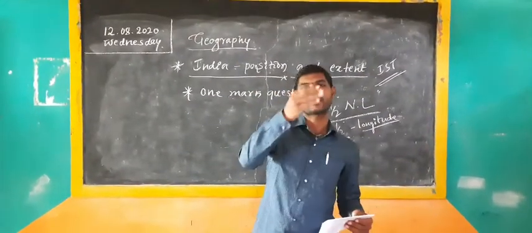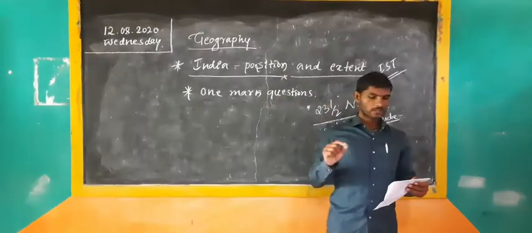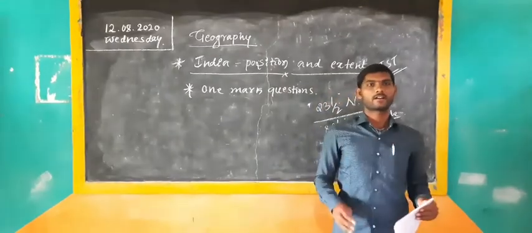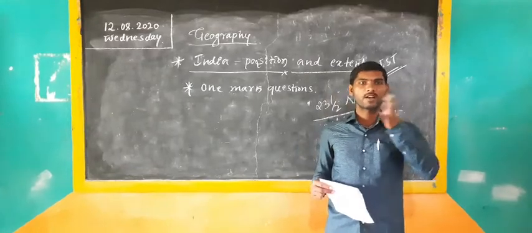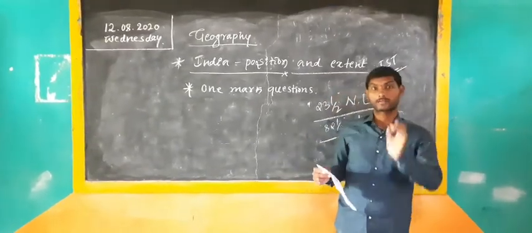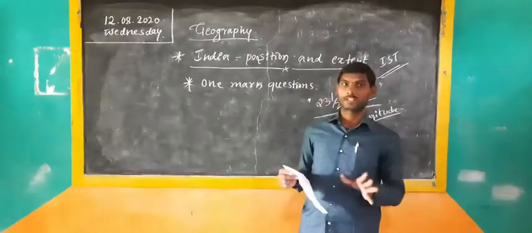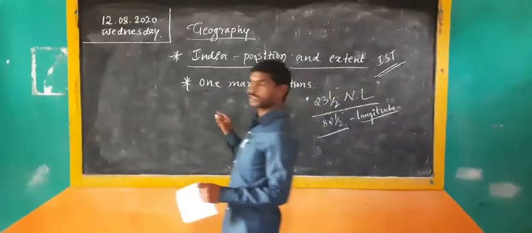The next question the same. Write the north to south extent of India in kilometers. That means how much width and how much length India has at present. Yesterday I explained in detail about the kilometers, particularly you have to write there. Next, 2 marks questions.